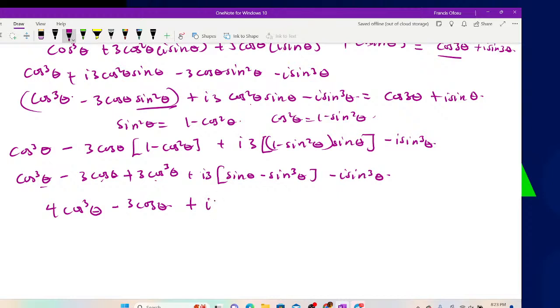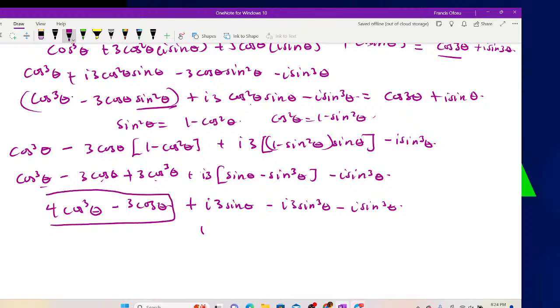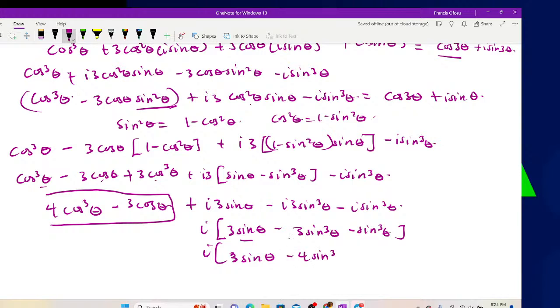I'll have 3i sin θ, then minus 3i sin³θ, minus i sin³θ, right? So for the i side, let me take i out. I'll have 3 sin θ minus 3 sin³θ minus sin³θ, which will give us minus 4 sin³θ.